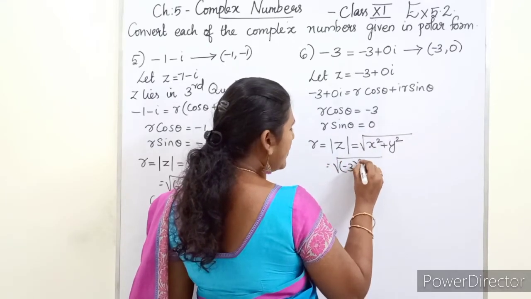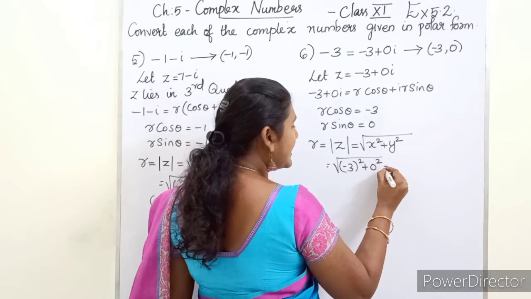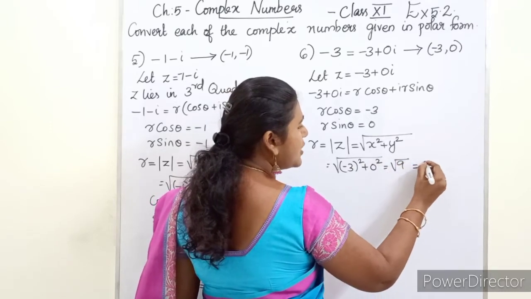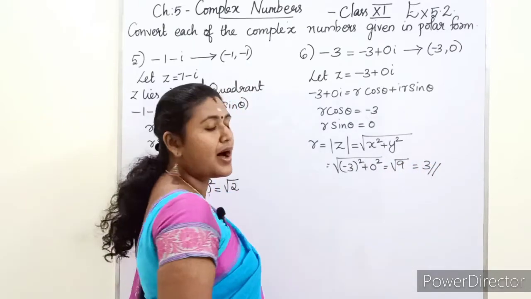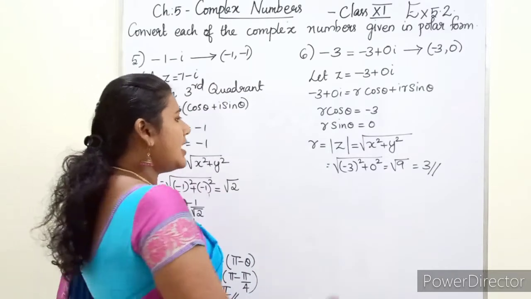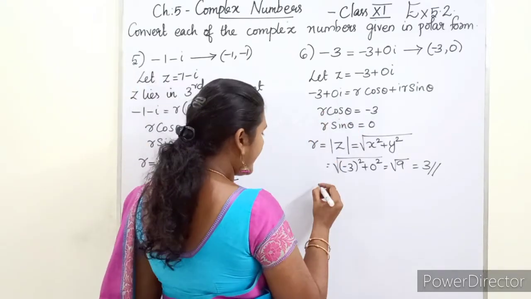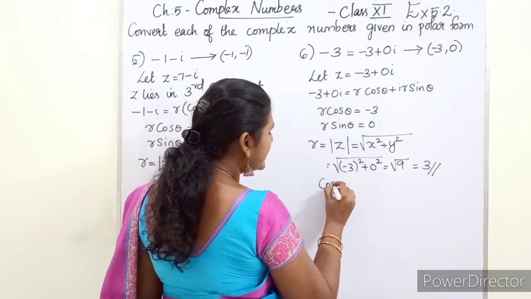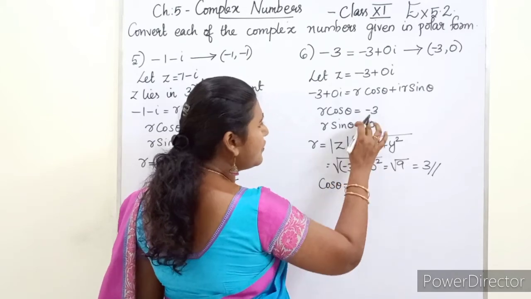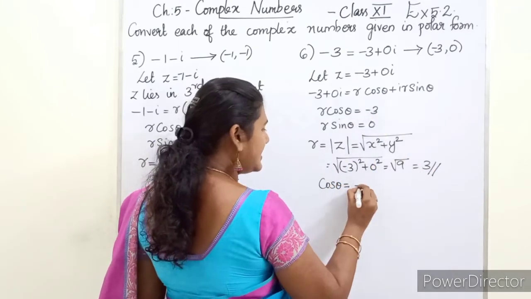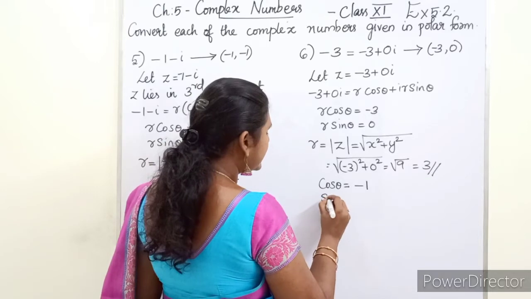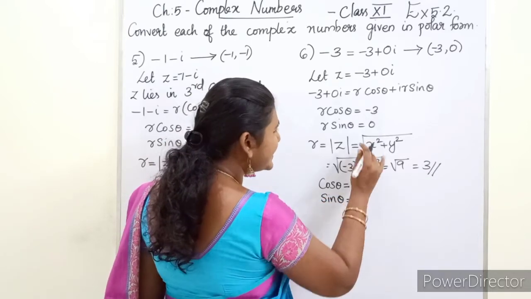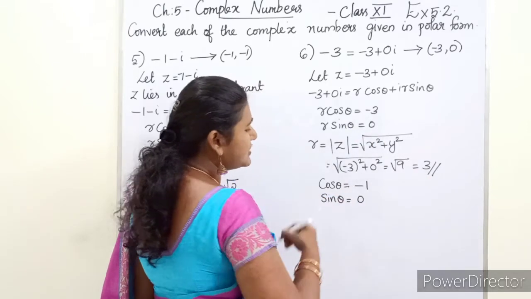Minus 3 the whole square plus 0 square, that is root 9, which is equal to 3. So the value of r is equal to 3. Now from this we will find the value of cos theta. Cos theta is equal to minus 3 by 3, that is minus 1, and sin theta is equal to 0 by 3, which is equal to 0.